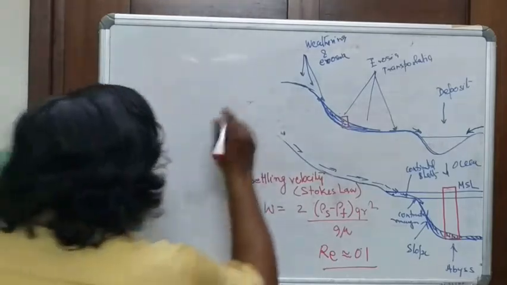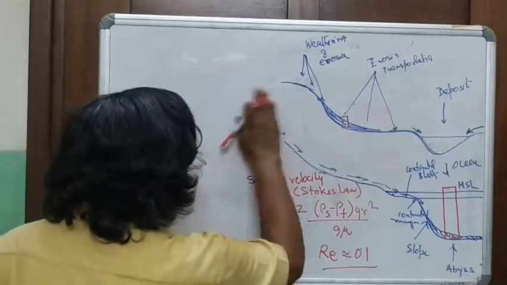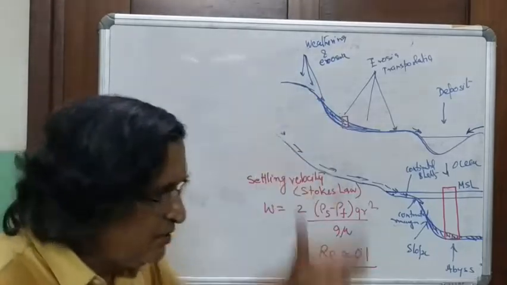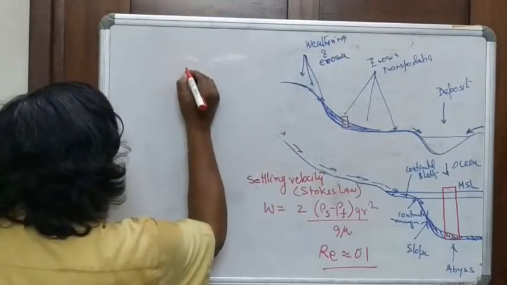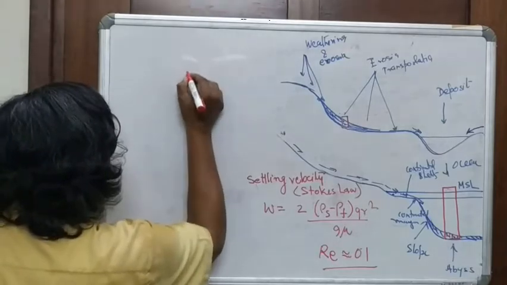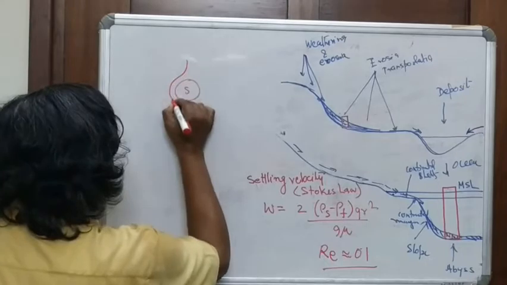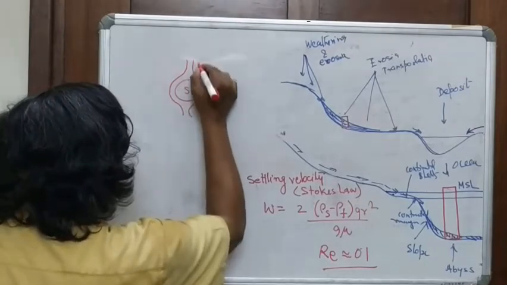So essentially you have almost stagnant water where a particle, a solid, and you have material flow around it.